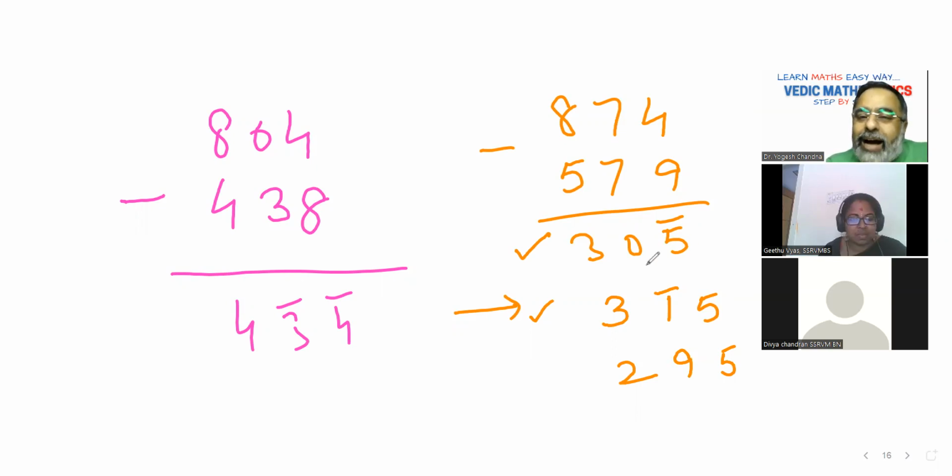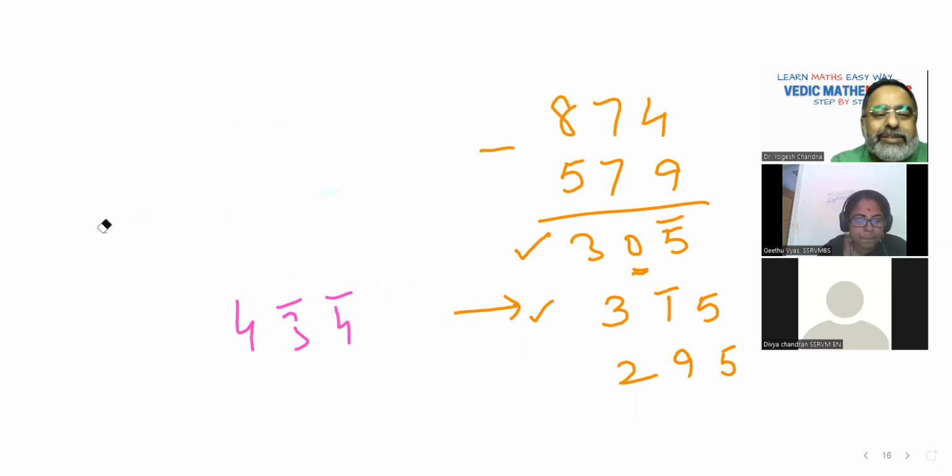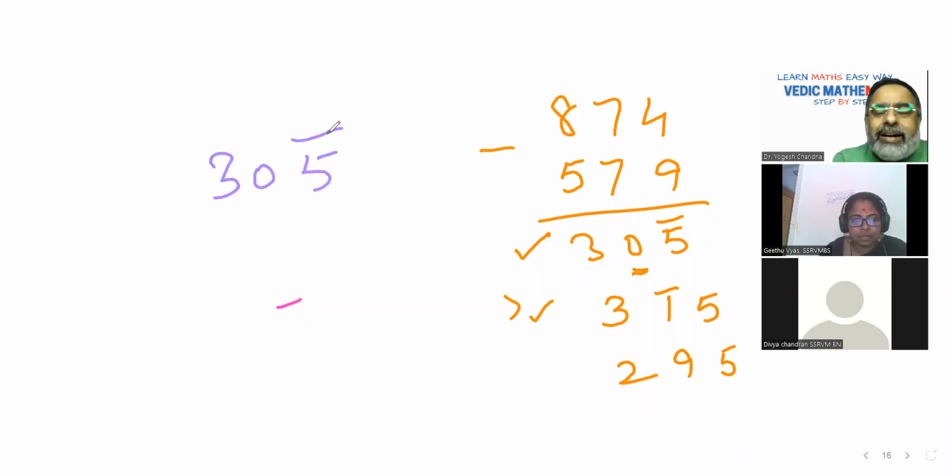See, whenever you get 0 in between, just remember this way. This was correct, 2 steps, but generally we forget and we get confused. Otherwise, another option is, 5, this is done.